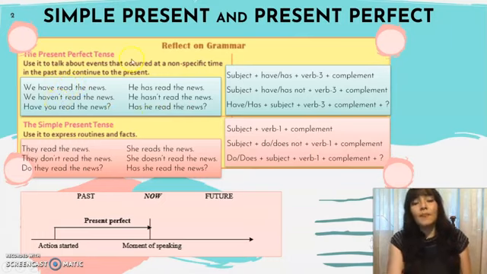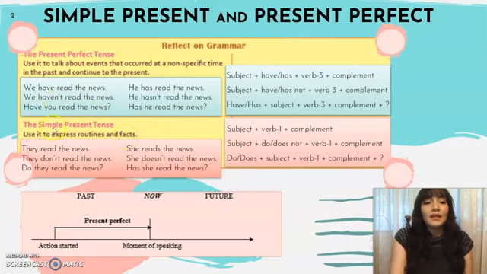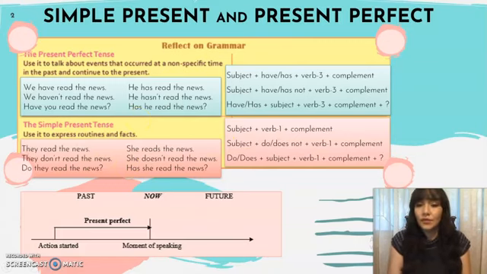So now let's analyze the structure of the simple present tense. Let's start. We have the subject, verb in the base form, that is the first part of the list of your verbs, and the complement. For negative, we can notice that here we have a big change.